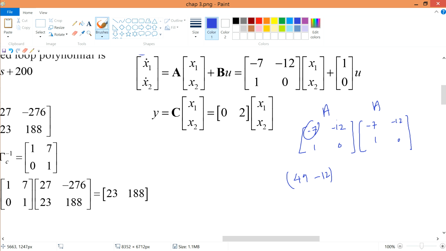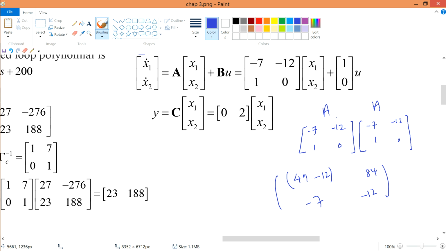Then minus 7 times minus 12, you have 84. Minus 12 times 0 is simply plus 0. Then 1 times minus 7, you have minus 7. And then 0 times 1 is simply plus 0, so it's just minus 7 also. Then 1 times minus 12, you will have minus 12. 0 times 0 is simply 0. So what you have is this matrix.